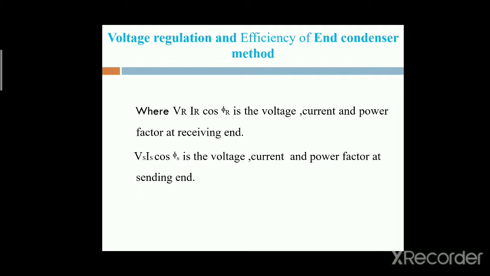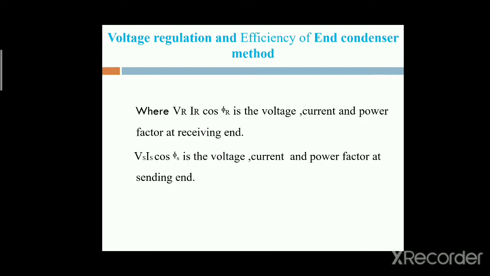We determine the sending end voltage, receiving end voltage and power factors, and also the voltage regulation and efficiency of the end condenser method.